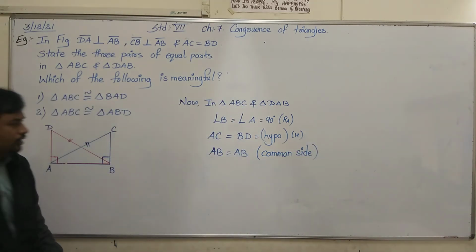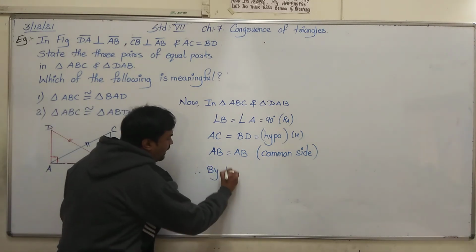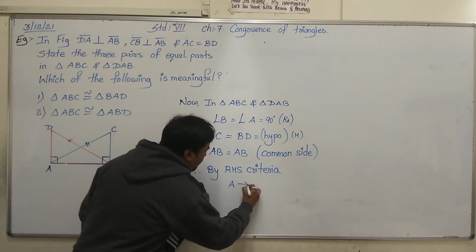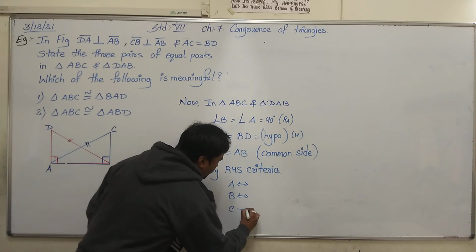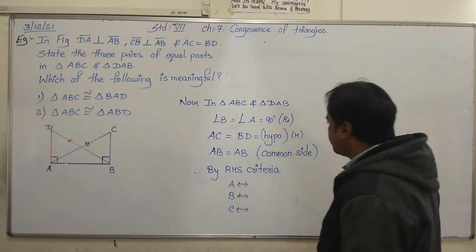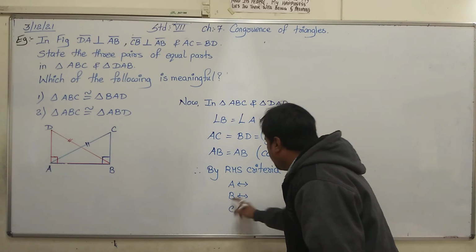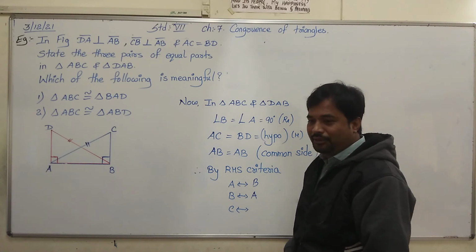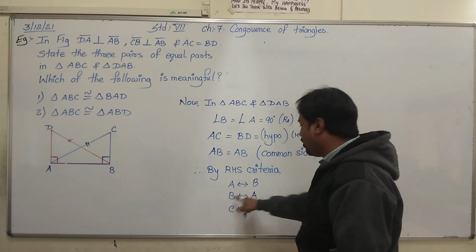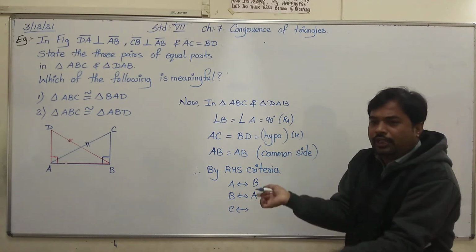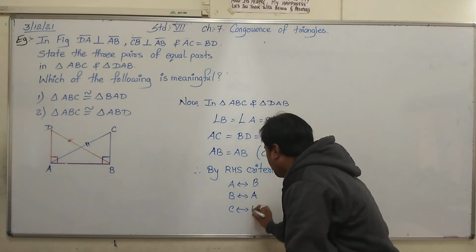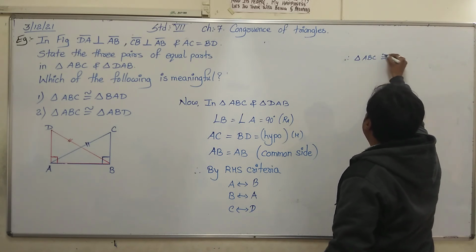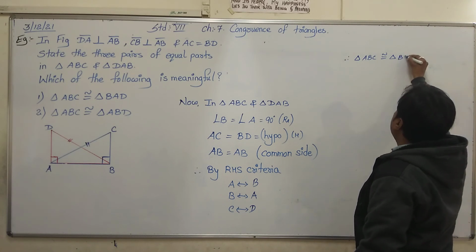Therefore, by RHS criteria, A corresponds to B, B corresponds to A, and C corresponds to D. Therefore, triangle ABC is congruent to triangle BAD.